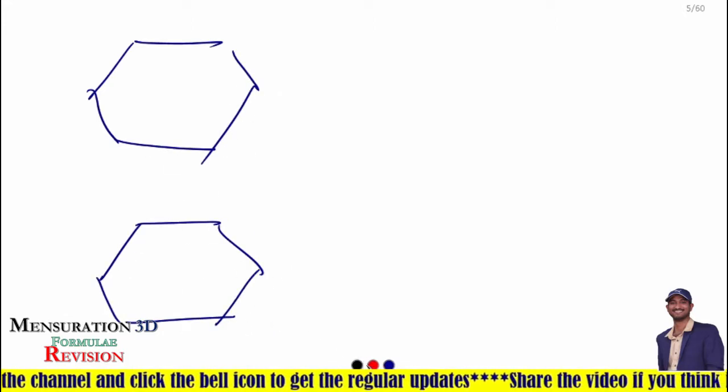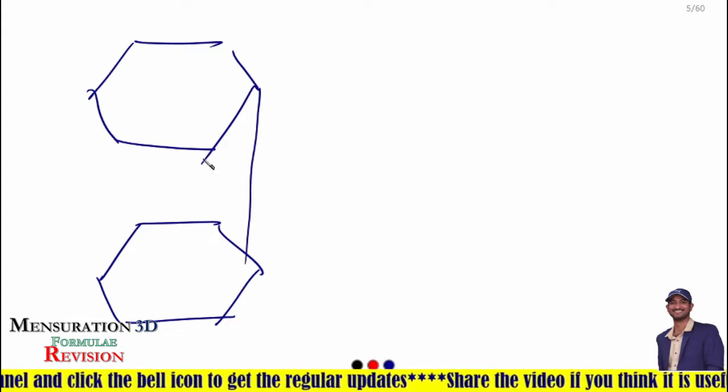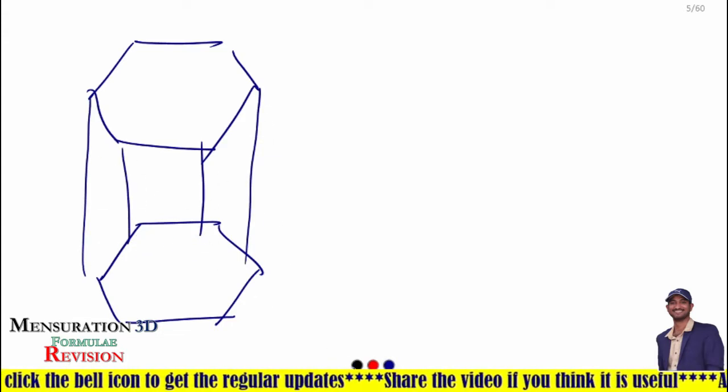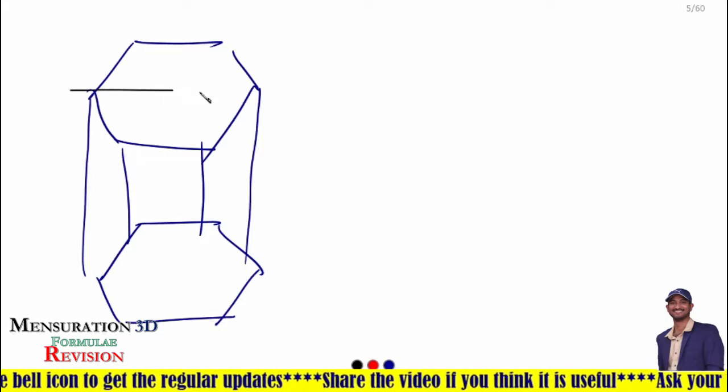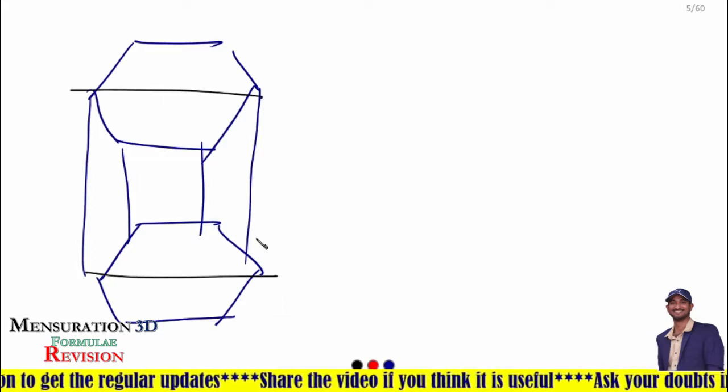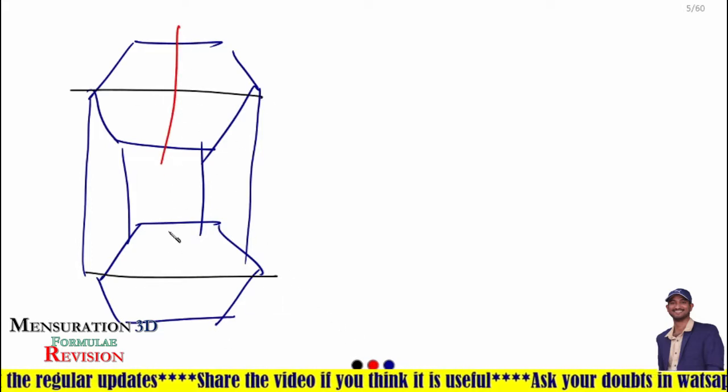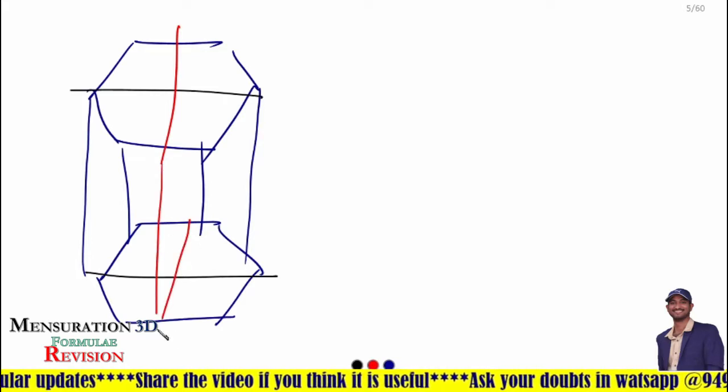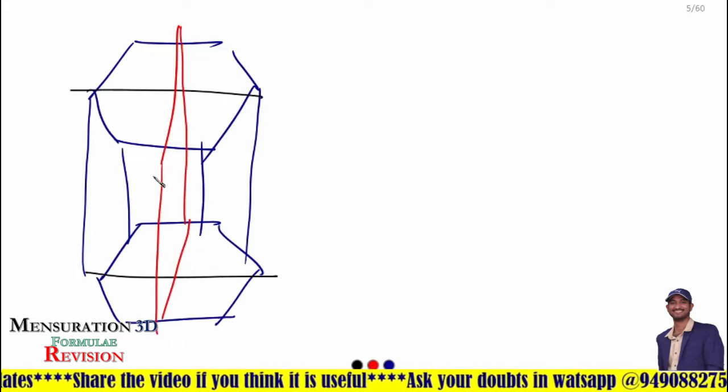When you cut the hexagonal prism in a vertical manner, passing through any two opposite vertices or along the midpoints of the sides, this is important.